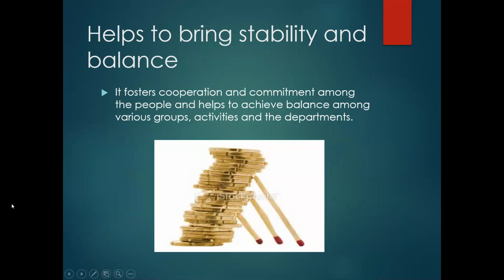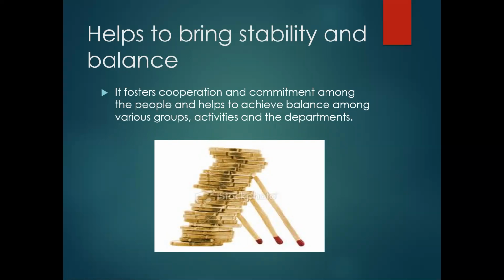And the last point of importance is that directing helps to bring stability and balance. It fosters cooperation and commitment among the people and helps to achieve balance among various groups, activities, and departments of the organization.